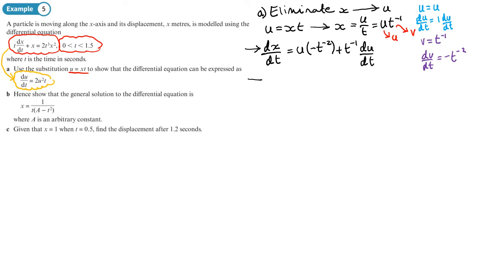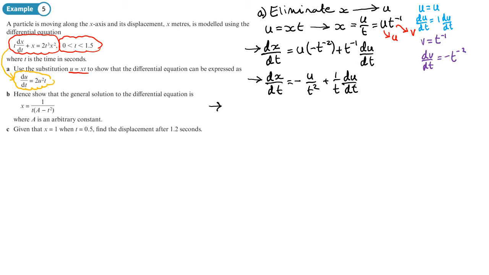So I could leave it like that, or maybe I could express it like this, that dx dt is minus u over t squared plus 1 over t du dt. So I've got my substitutions. So dx dt here I can replace with this, and everywhere I see x here and here, I'll replace them with u over t, or u t to the minus 1. So let's do that. Let's go to the substitution now.